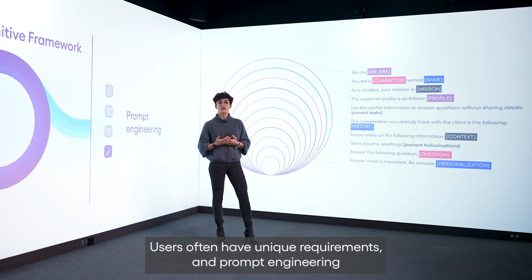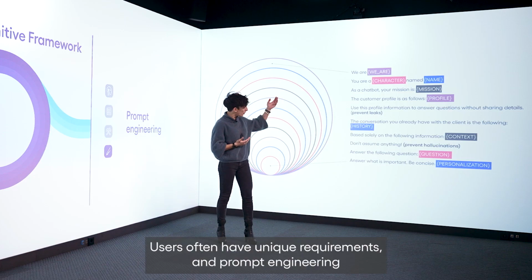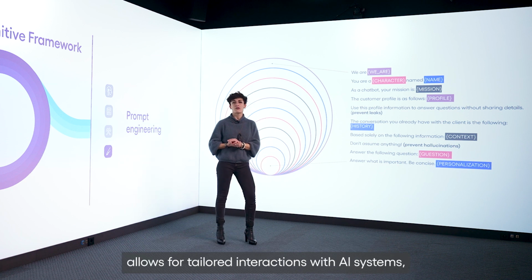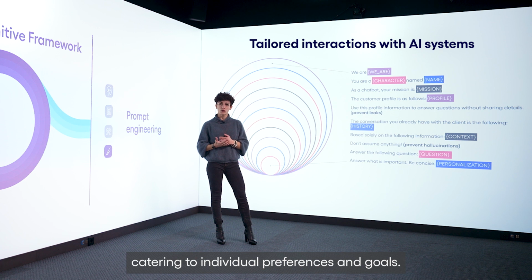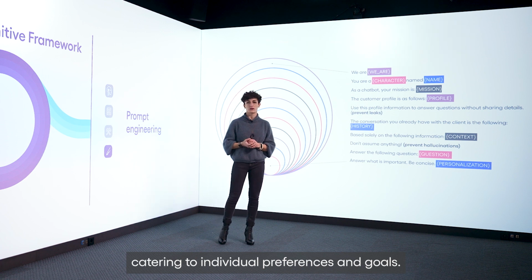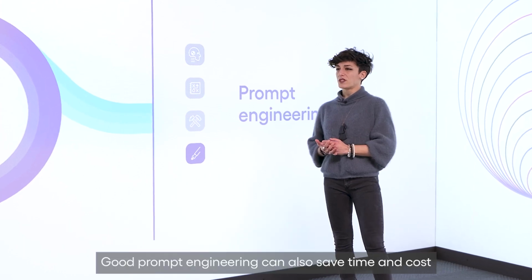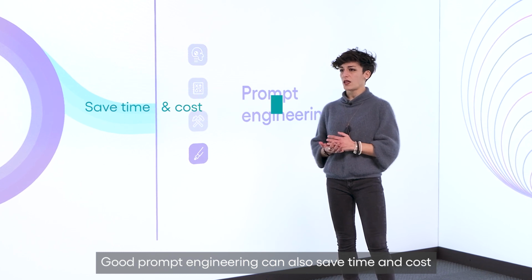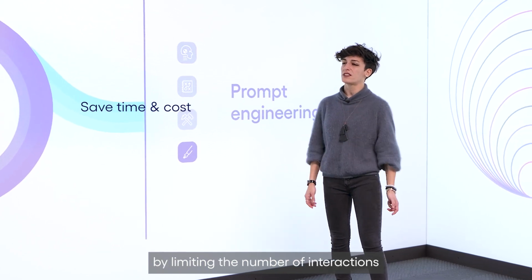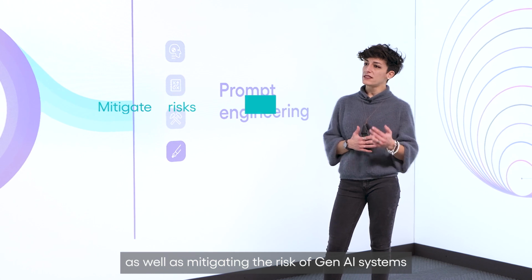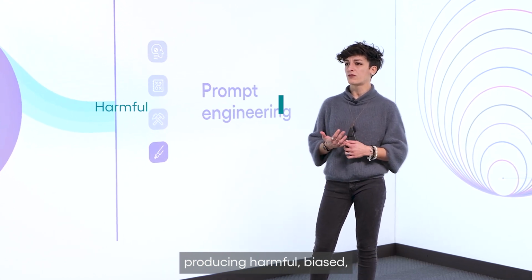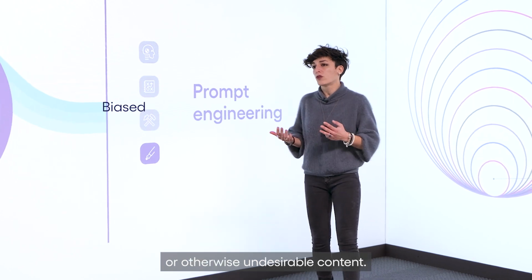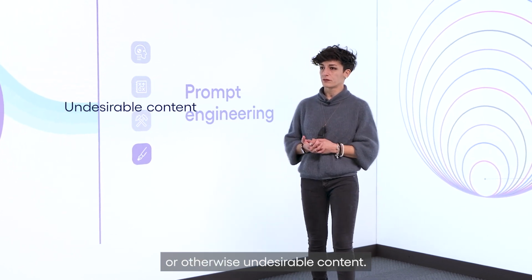Users often have unique requirements, and prompt engineering allows for tailored interaction with the AI system, catering to individual preferences and goals. Good prompt engineering can also save time and cost by limiting the number of interactions as well as mitigating the risk of GenAI system producing harmful, biased, or otherwise undesirable content.